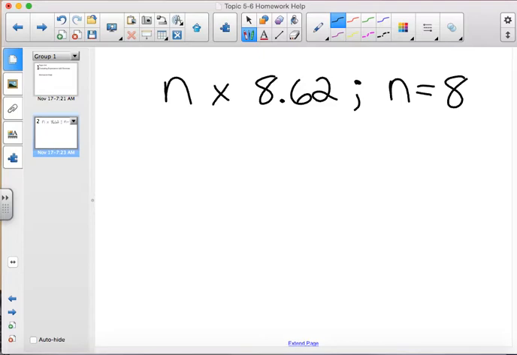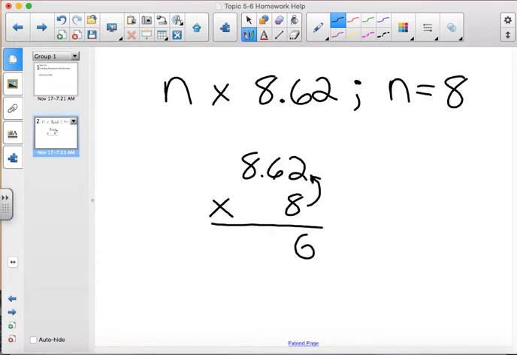Okay, here we go. Here's the answer. Of course, all you have to do is multiply. You take n times the 8 and 62 hundredths. 8 times 2 is 16. 8 times 6, we've got to regroup our 1 there. 8 times 6 is 48, plus 1 gives you 49.